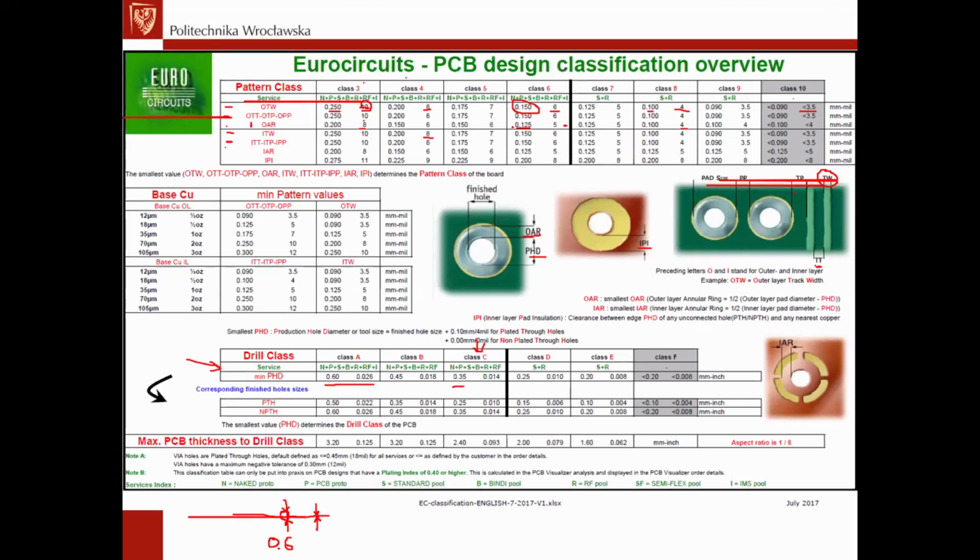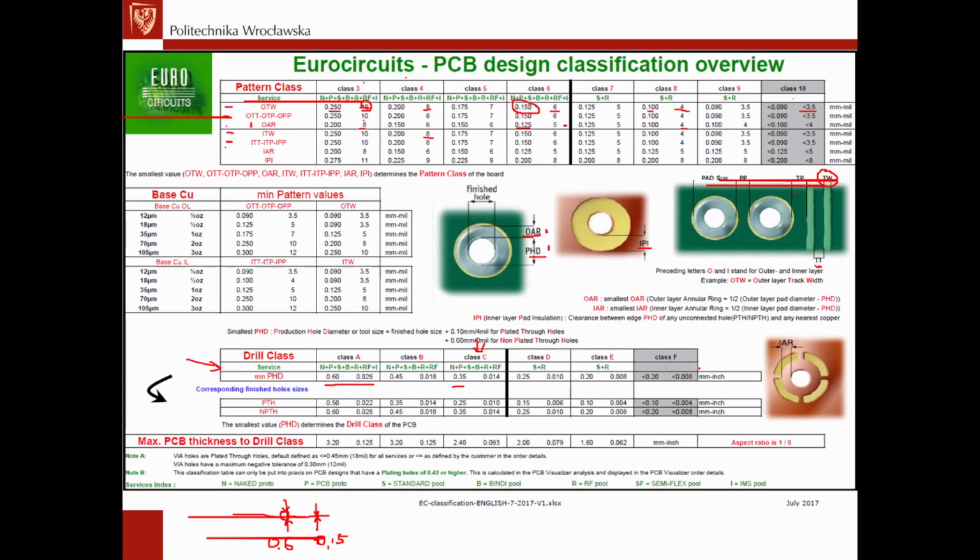And in class 6, the track width is just 0.15. That's why the vias are very important, because they take much more space in our PCB design. You will see for yourself when you work with BGA or LGA cases how much space and how problematic the vias are, and how problematic these limits are. So the OAR and PhD really constitute quite a lot of problem.